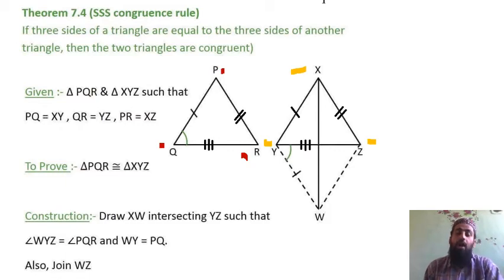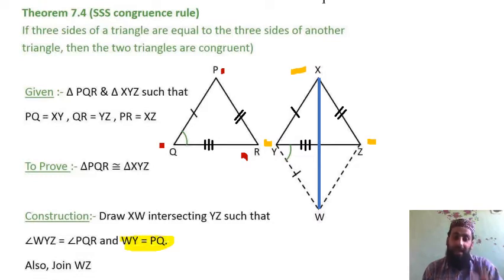First, we are going to produce, or rather draw, a line XW. But when I say this, is there any particular length for it? No. It should be produced in such a manner that there are conditions for it. It should be produced such that WY is equal to PQ.